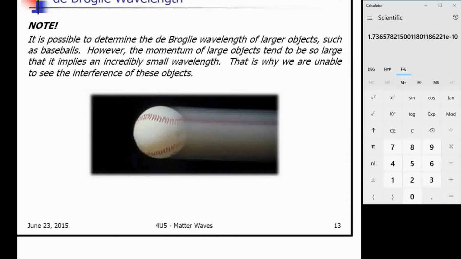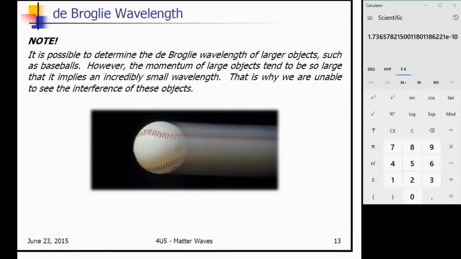So it's actually possible to determine the de Broglie wavelength of larger objects. Now, of course, it's simply lambda equals h over p. So if we had a baseball, which has a mass of about 200 grams or 250 grams, and we can throw it at a velocity of, say, close to 30 meters per second, we could substitute that into the equation.